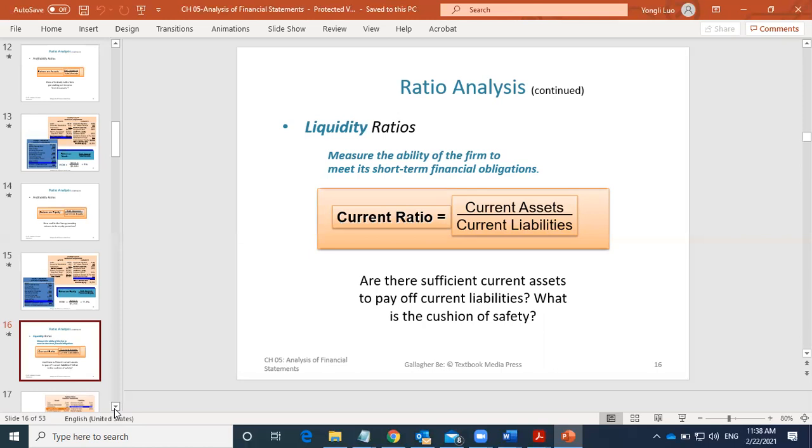You have to pay your rent, your utility, food. When I see your bank account, you have to have at least 2 times that money in your account, so that I can make sure you have the ability to pay off your short-term debt. Okay, so that's the current ratio.